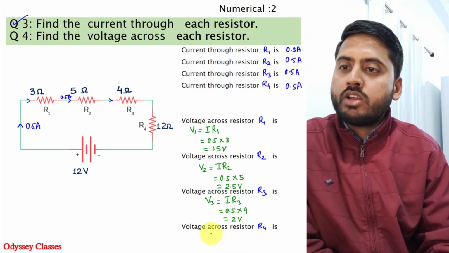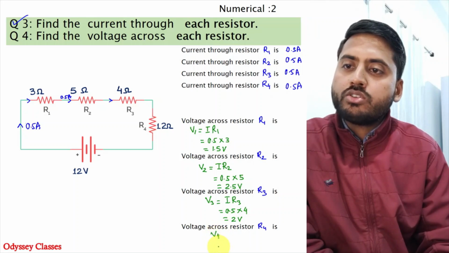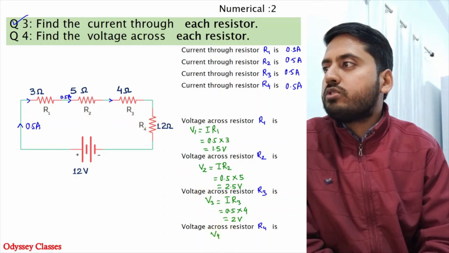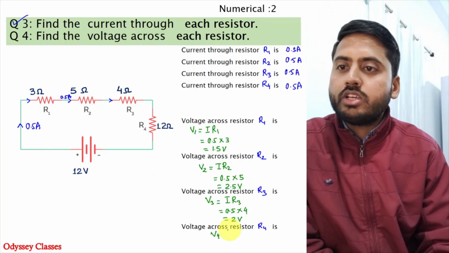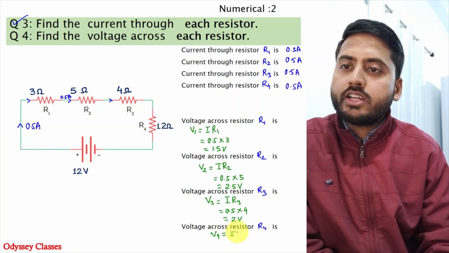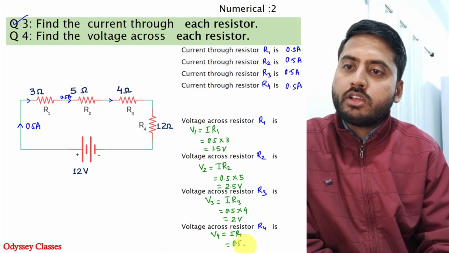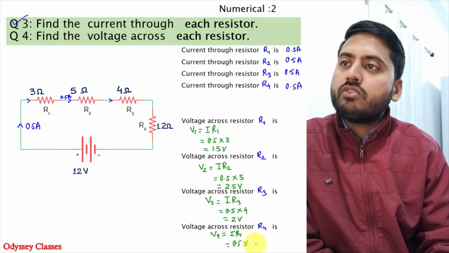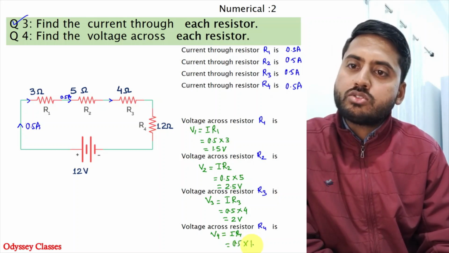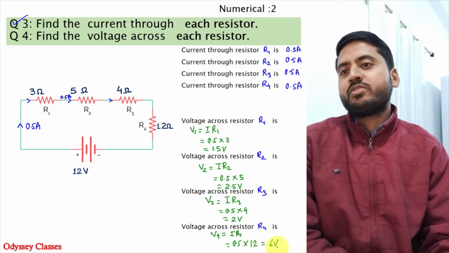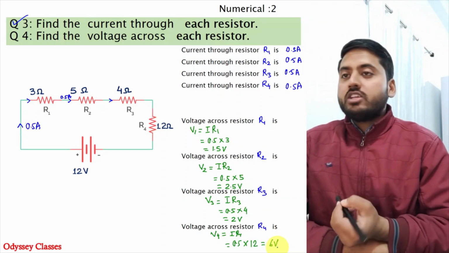And the last one, we have to find the voltage across R4. So we can put the values here. V4 equals I times R4. So I is 0.5 into R4, which is 12. So half into 12 is going to be 6 volts. So this is it. We have done the question.